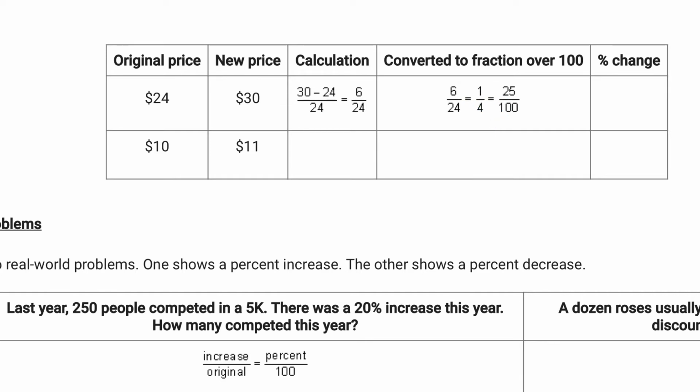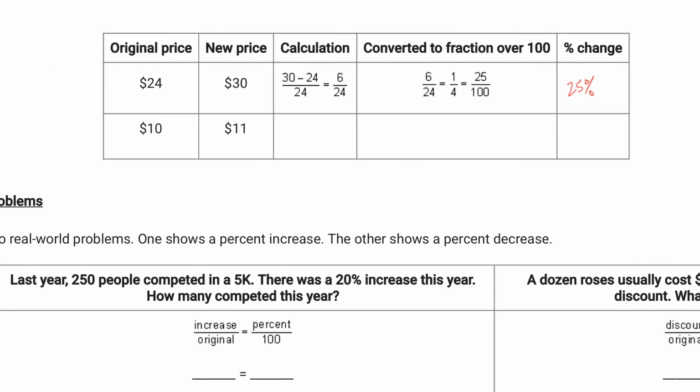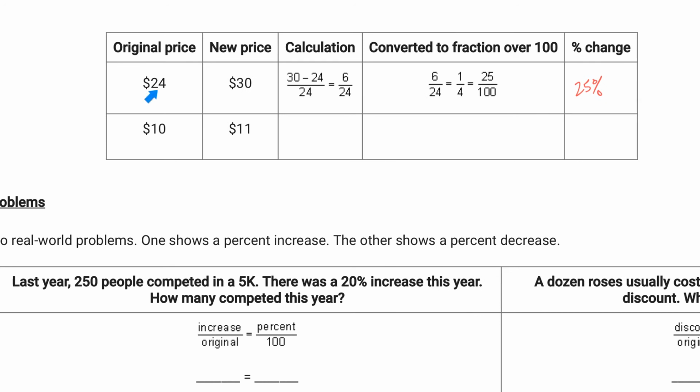So 1/4, and we know that a quarter is 25 cents. So this would be a 25% change. So as it goes from 24 to 30, it changes by 6, and so that 6 out of 24, it's a quarter, increases by 25%.